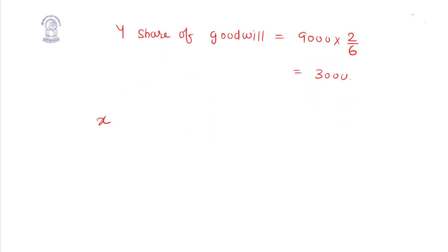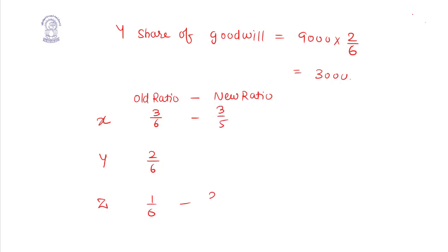So X, Y, and Z: gaining ratio is old ratio minus new ratio. Old ratio is 3 by 6, 2 by 6, 1 by 6. New ratio is 3 is to 2, so 3 by 5 and 2 by 5.